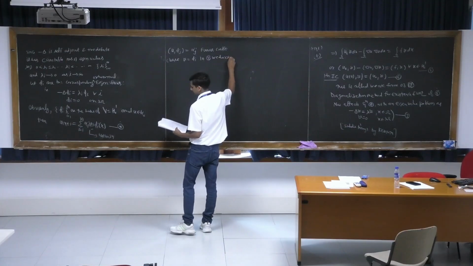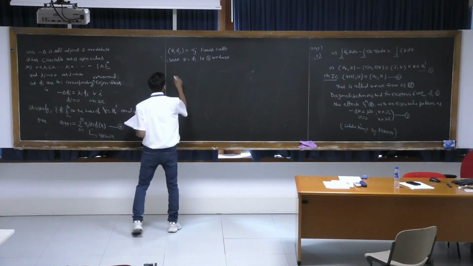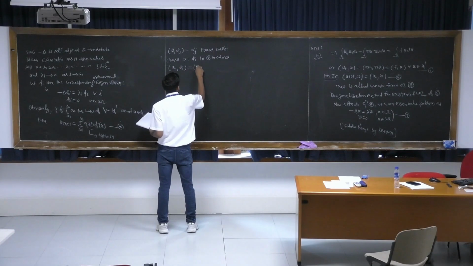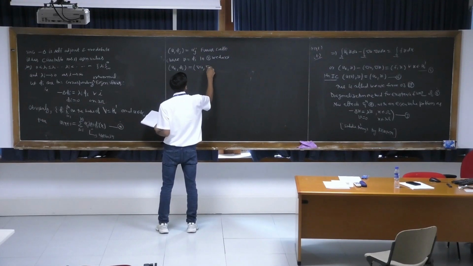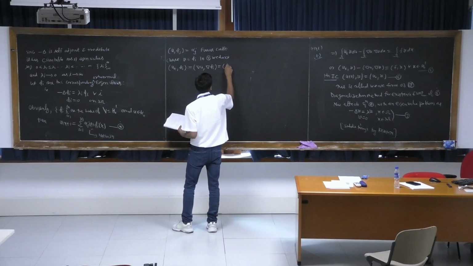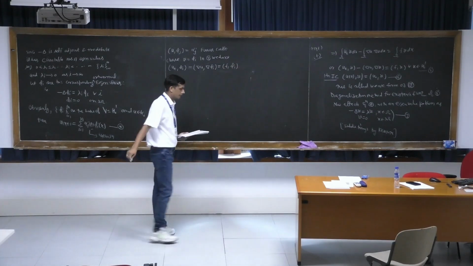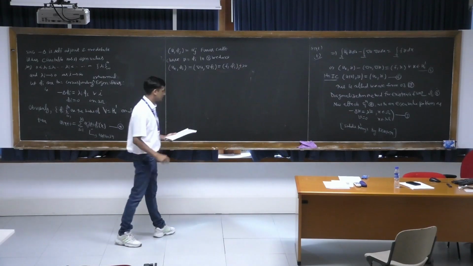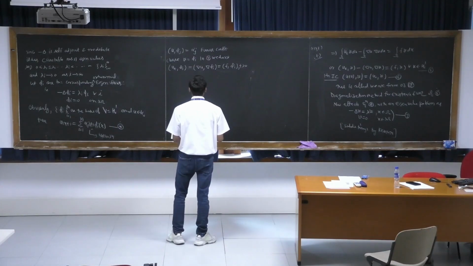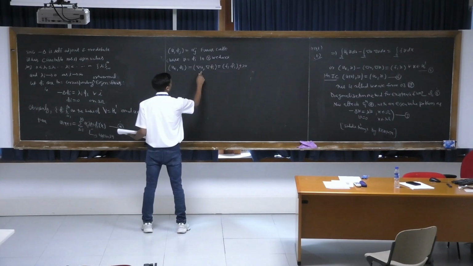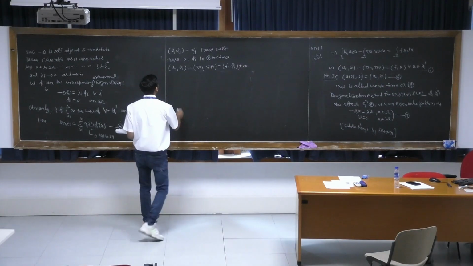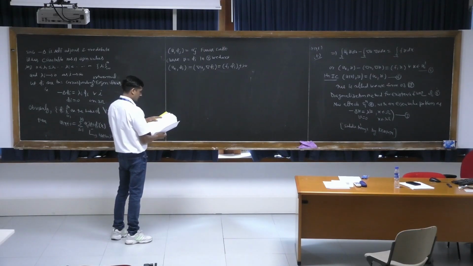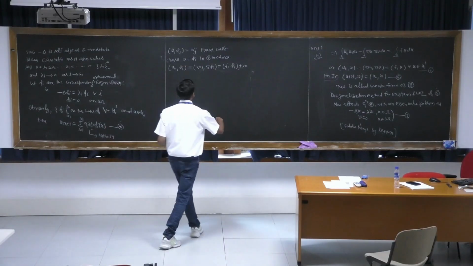We have u t phi i minus del u del phi i equal to f phi i, for t greater than 0. Now this term can be simplified a little. Its number is 7 and this is 8.